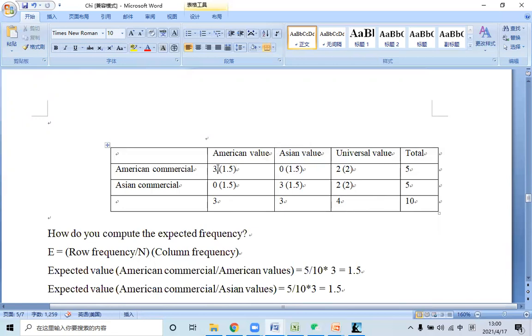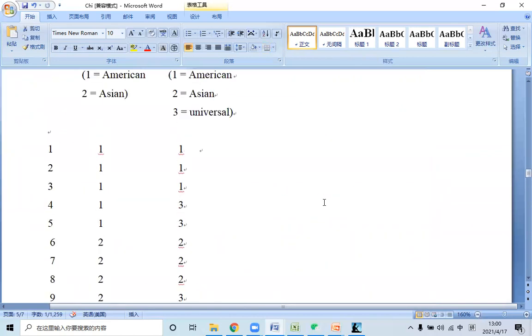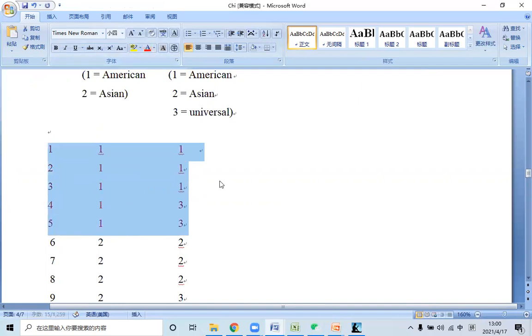Let's look at the observed value. Observed values are outside the parentheses. Observed values are given. You have a total of five American commercials. Out of 5 American commercials, how many of them expressed American values? You go count. So these 5 are American commercials. How many of them would express American values? 1, 2, 3.